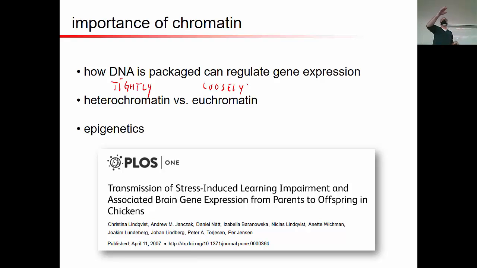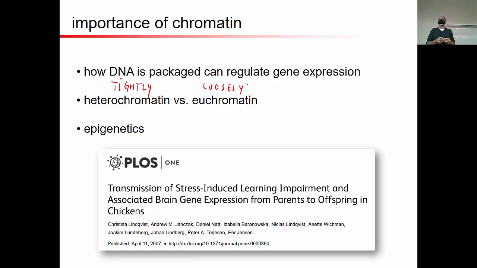And if you trace that trait all the way through a family tree, it would look like it's an inherited trait. But if you compared someone with the blue moon on the back of their hand to someone that didn't have it, you wouldn't find any differences in the genes. And so what we're looking at with epigenetics is it turns out that how you express genes can also be inherited.